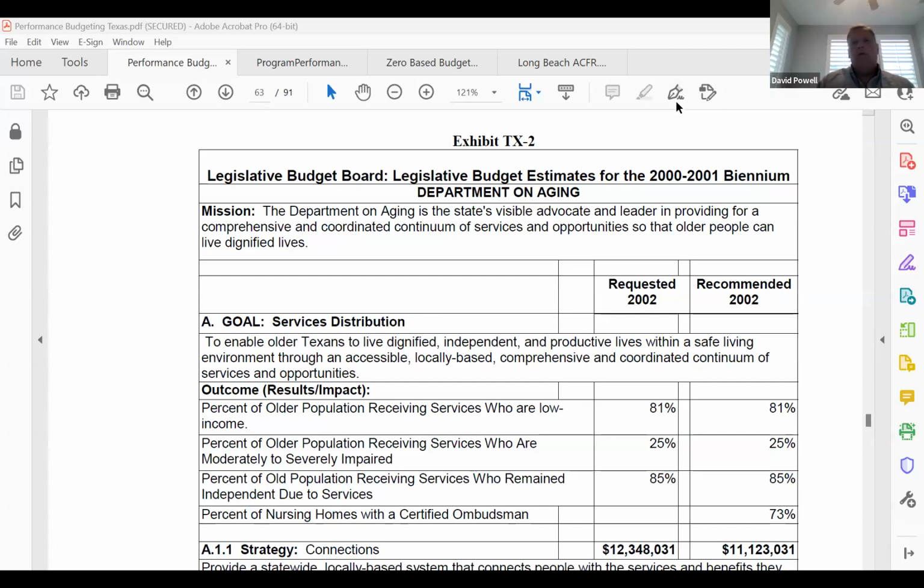And like I told you in our first class session together, if you want to get a good holistic picture of the finances of a government, you look at not only their budget, which is the prospective document that looks at how the city plans on spending its money in the next fiscal year, but you also look at the annual financial report, which is the retrospective document that tells you how the city actually did spend its money in the previous fiscal year.